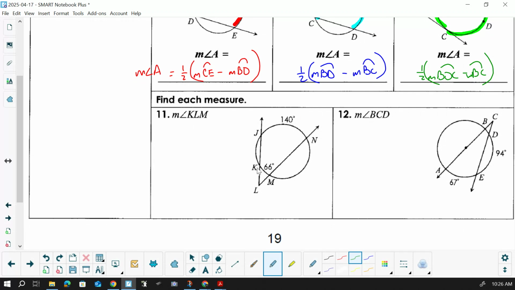Okay, so angle KLM, this angle on the outside, we're going to do the big arc minus the small arc times 1/2 equals this angle on the outside. Okay, so 140 minus 66 is 74.